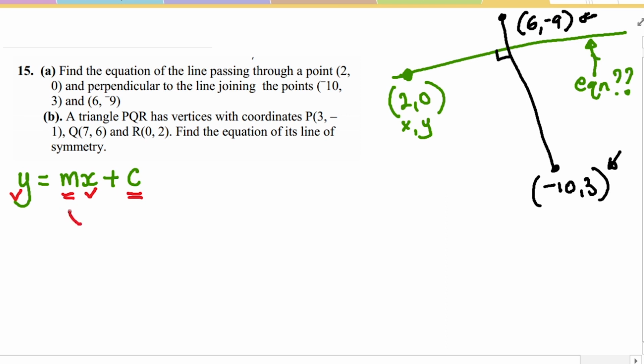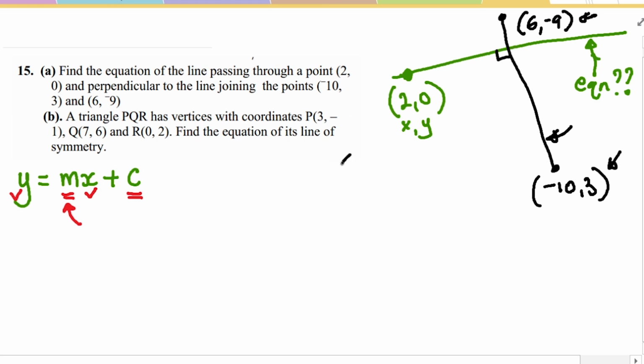Now, we can get the value of m, or the gradient of this line. How do we get it? We get a clue from the other line, the black line. They're telling us that it is perpendicular to that line. Now, what do we know about gradients of two lines that are perpendicular to each other?